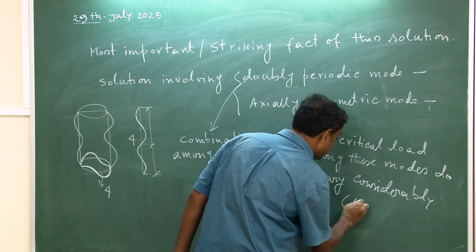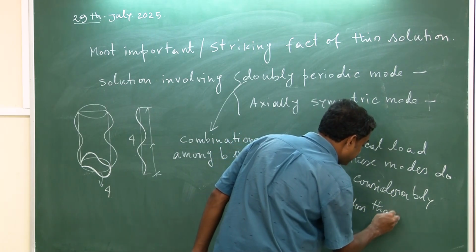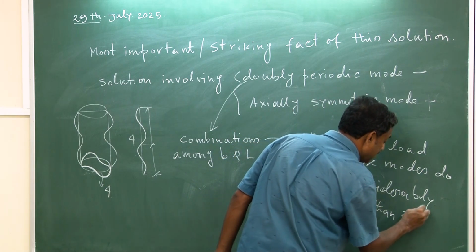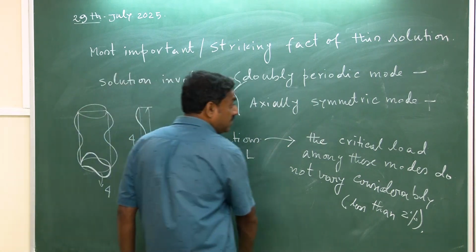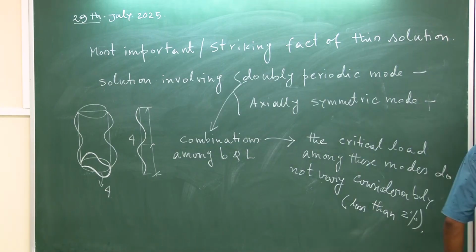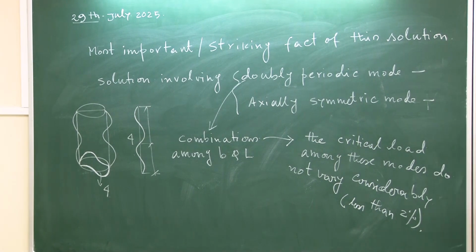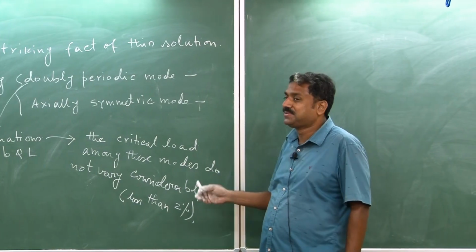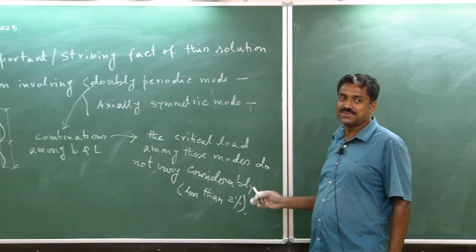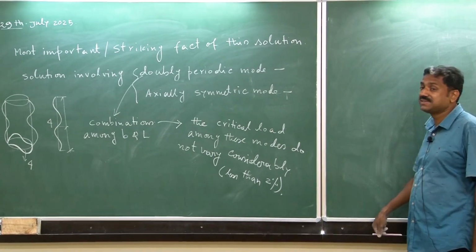That means less than 2% variation, 2-3%. Okay. So, what I am trying to say is that the critical load among these modes, whatever solution you obtain by solving Donnell's equation, doesn't vary. What does it mean?